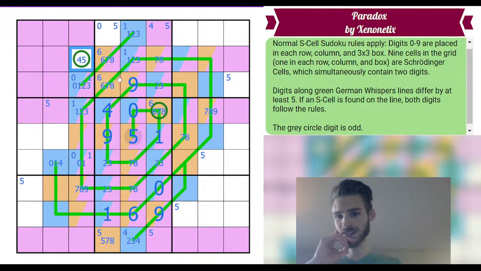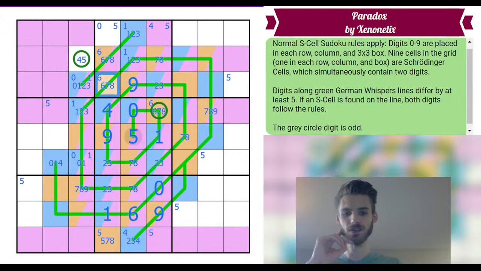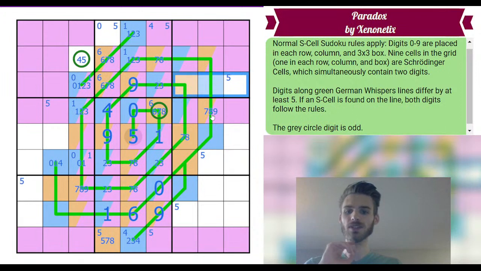That means this can't be an SL, because if this was an SL, then these two cells would have no fill. So that's not an SL. So one of these two is an SL. So these are not SLs. So one of these three is an SL. Oh, that stopped. I thought that was going to keep going.